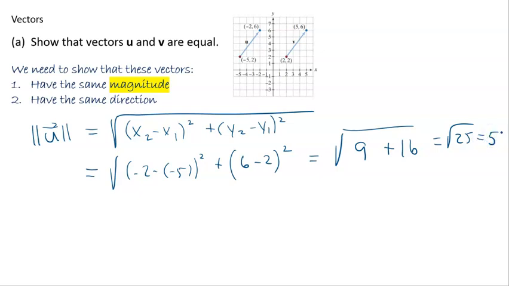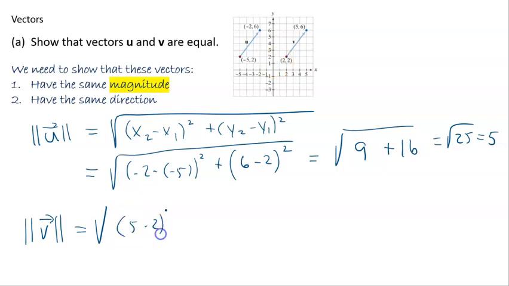That is 5. Now I also have to find the magnitude of the vector v. Again, notice the notation. Those double vertical bars mean magnitude, which is really the length. I forgot my square root bar. Here we go. I'm going to subtract my x values, so that's 5 minus 2. Don't forget to square it.